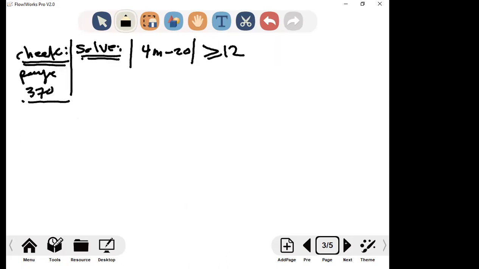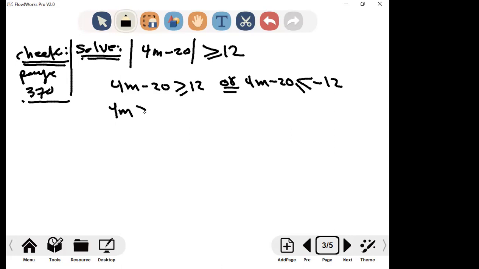Go and apply. For 4m minus 20 more than or equal to 12, or for 4m minus 20 less than or equal to what? Negative 12. Just memorize the case, apply the case. That's all. Solve each part now. For 4m more than or equal to 12 plus 20, for 4m more than or equal to 32.